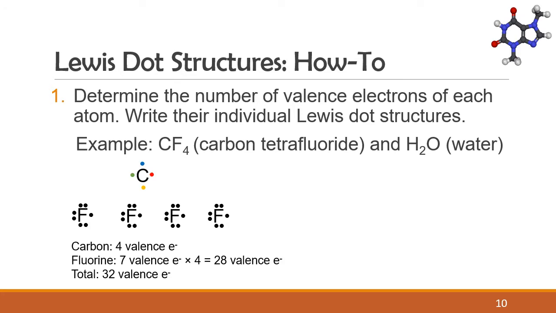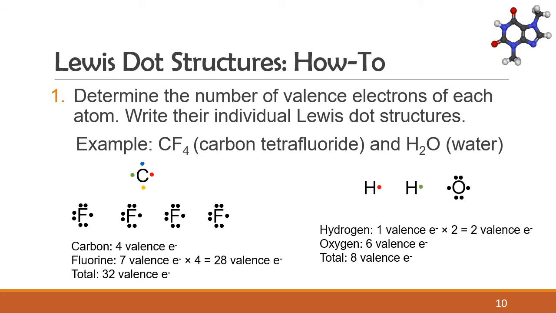We can draw each atom in these two molecules with their valence electrons as dots, then count the total number of valence electrons for all atoms in the molecule. Carbon tetrafluoride has a total of 32 valence electrons, and water has a total of 8 valence electrons.